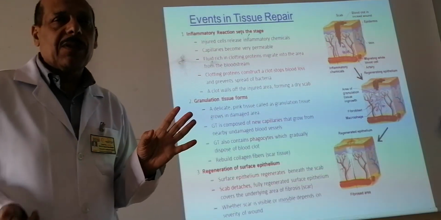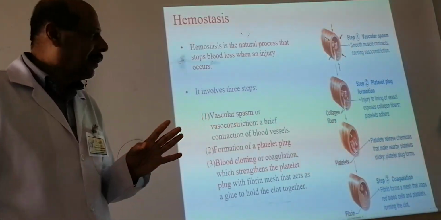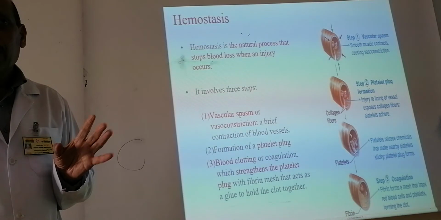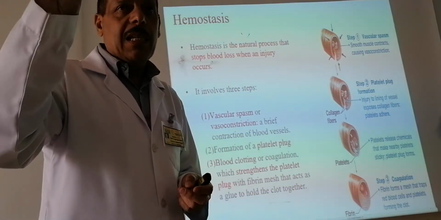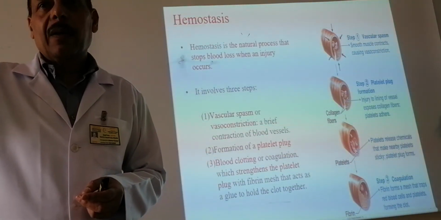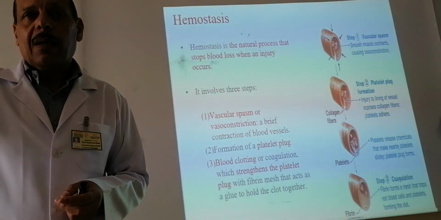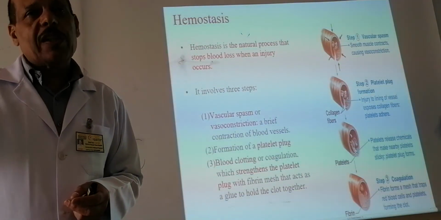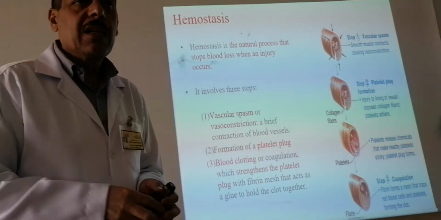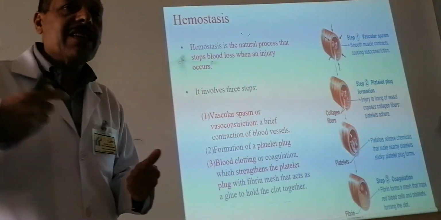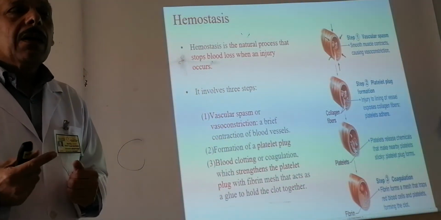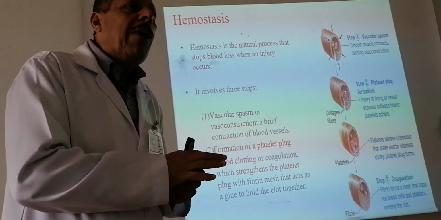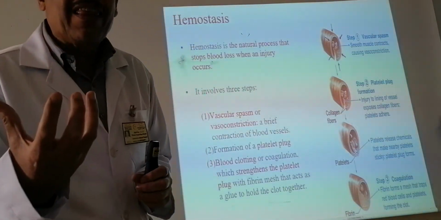Did you understand what's going on? Yes. There are 3 steps. What is the first step? Vasoconstriction. So the first one is vasoconstriction. The second step... Of course, why will vasoconstriction be there?